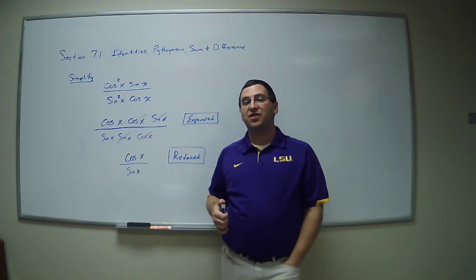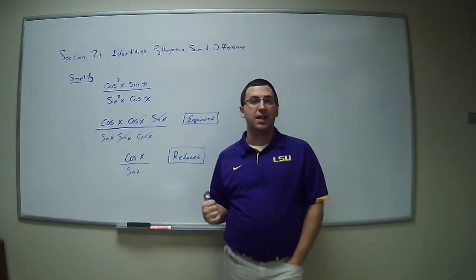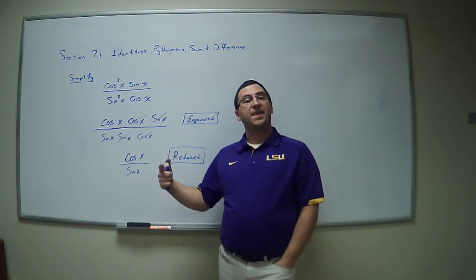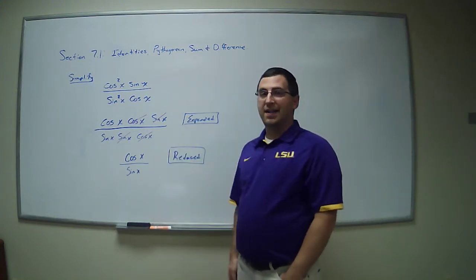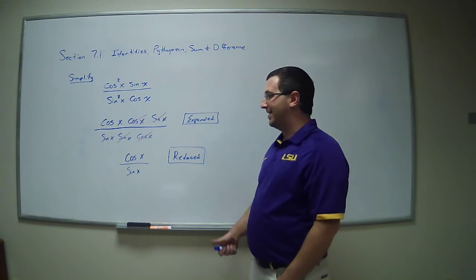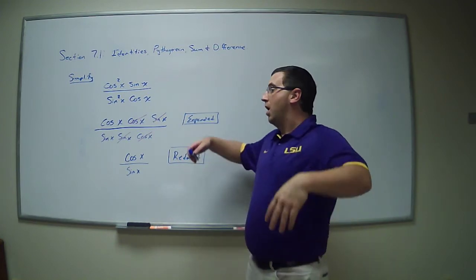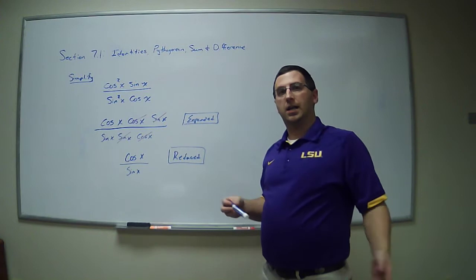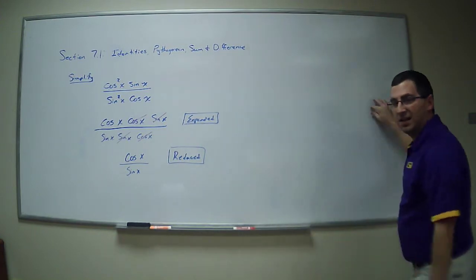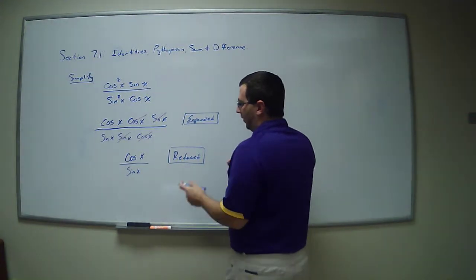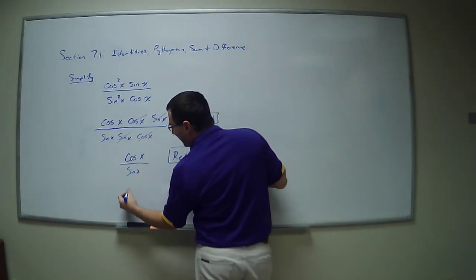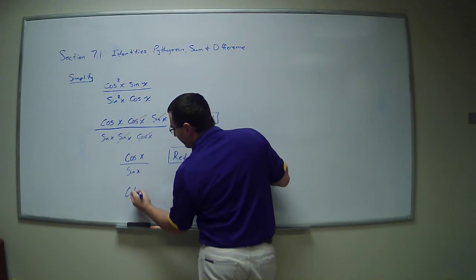But if they asked you to simplify as much as you can using identities, this is where you would use an identity. Cosine x over sine of x is equal to cotangent of x. Remember, it was one of those little identities we have over far right over here. So cosine over sine, that gets us cotangent of x.